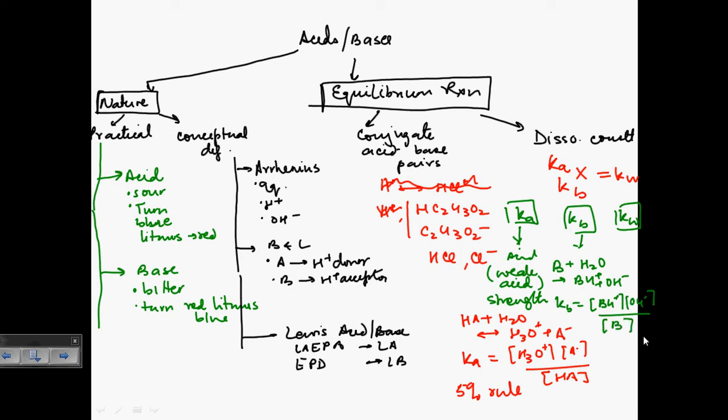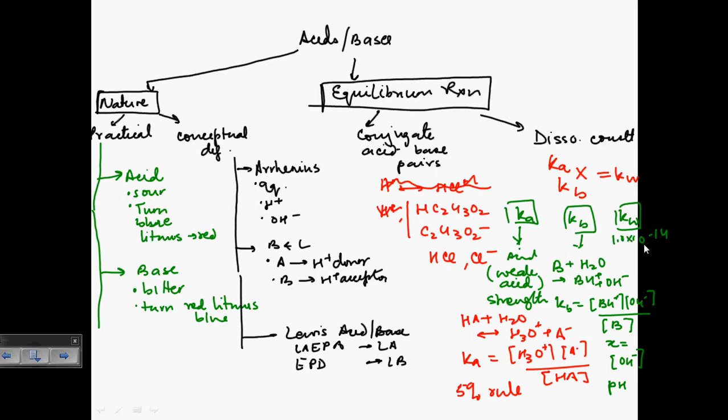Again, 5% rule applies to it. Remember, when you calculate x in case of Kb, it gives you molarity of OH ions. If you're asked pH, then you got to subtract from 14 to get the pH. Kw has the value of 1 times 10 power negative 14, and is called the ion product of water.